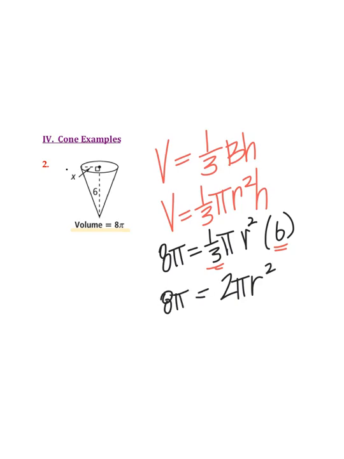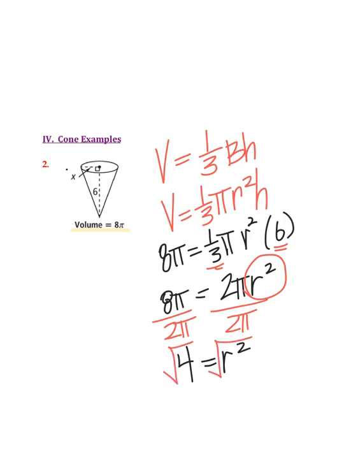And then I need to get that variable all by itself, so I'm going to divide both sides by 2 pi. And that gives me 4 is equal to my radius squared. If I square root both sides of my equation, then my radius for this is 2 units.